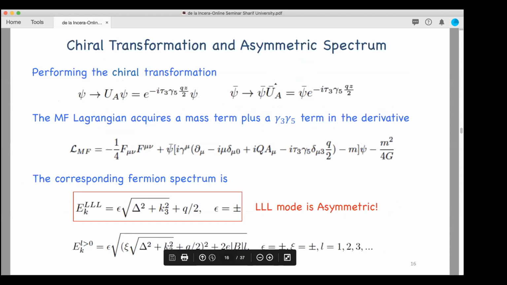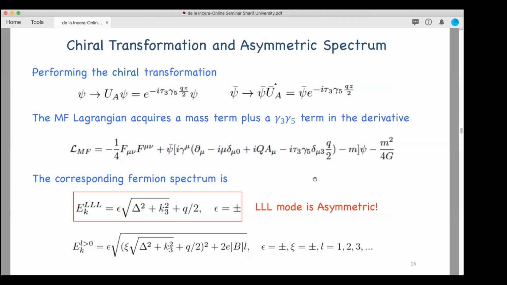And by doing that transformation, your Lagrangian acquires a regular mass term, but also acquires this gamma3 term proportional to Q in the covariant derivative. So now you have a Lagrangian that you can work with regularly because it doesn't have any weird mass term. So this is a transformation that you need to do.